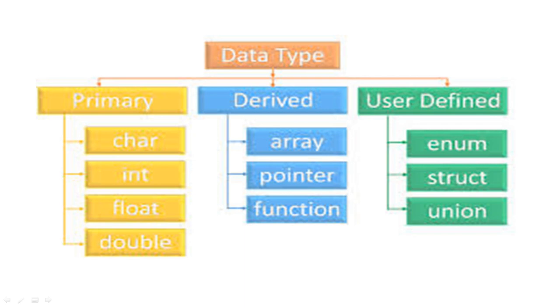The derived data types: array, pointer, function. And the user defined data types: union, structure, and enumeration.